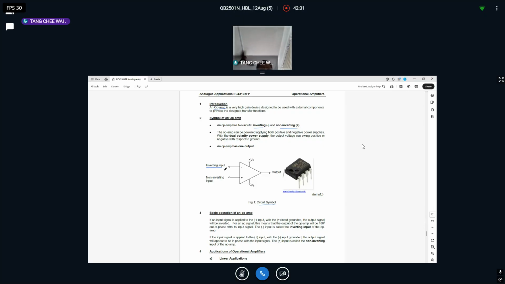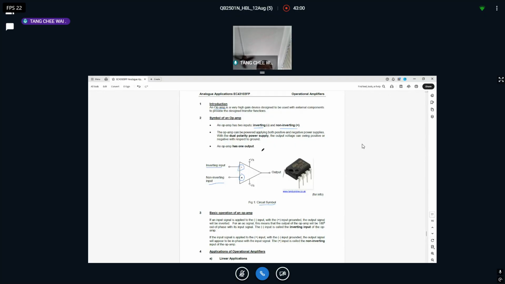Inverting here means it's going to a negative sign, connection wise, and non-inverting we take as a positive sign. Later, further down, you will see the difference between these two. Why is one known as inverting? Why is the other one known as non-inverting?